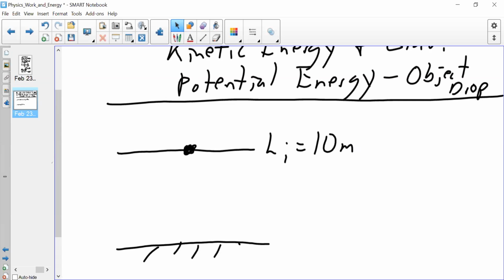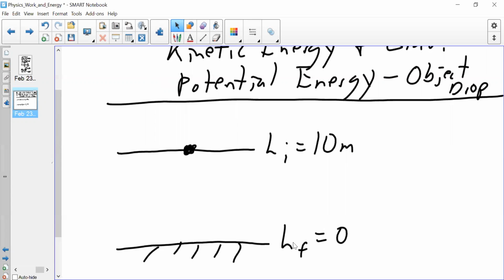Then this is the ground, the final height being 0. We know already that the potential energy in the system is held between these 2 points. Our 0 point, or our reference point, is going to be height equal to 0.